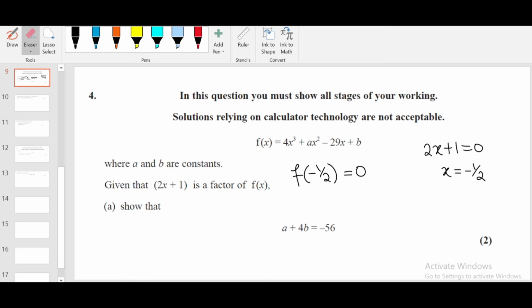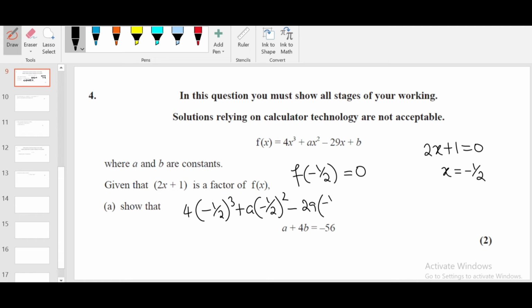So replace x by minus half now. 4 times minus half whole cube, a times minus half whole square, minus 29 times minus half, plus b is equal to 0. So 4 times minus half whole cube is going to be minus 1 over 8 times 4, minus 1 over 2. This becomes a over 4. This becomes 29 over 2 plus b is equal to 0.